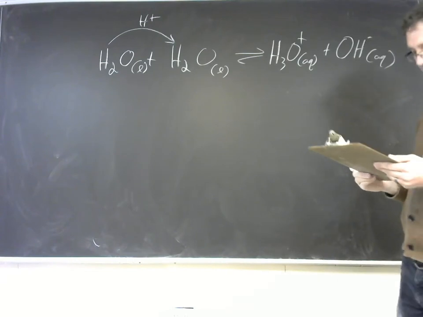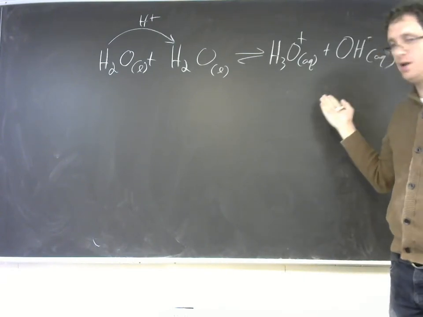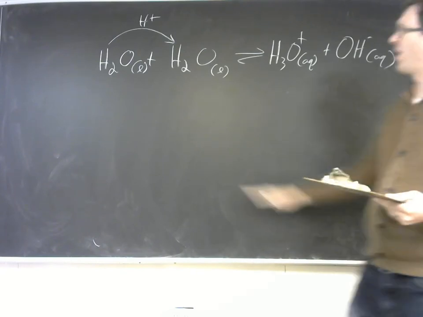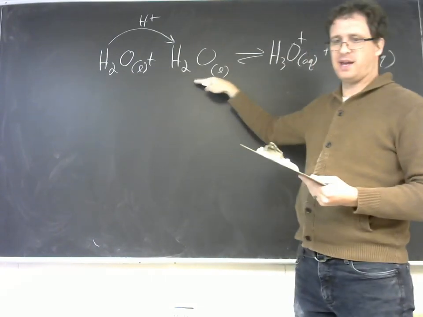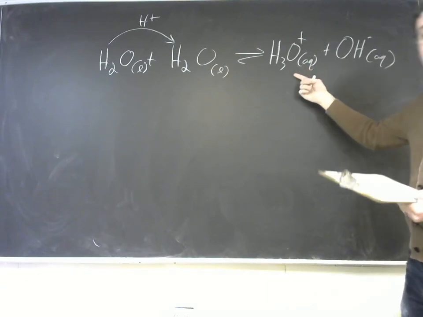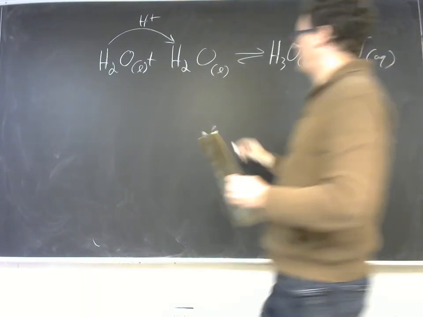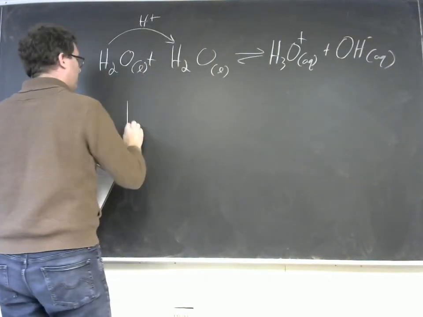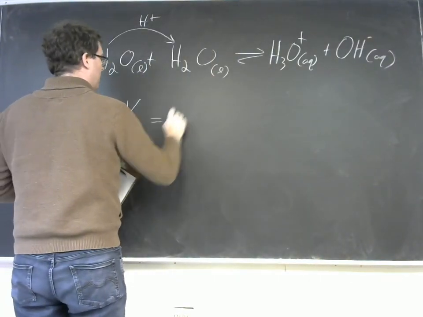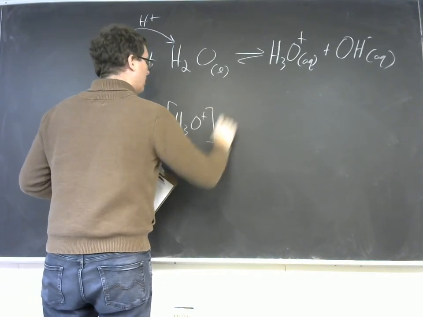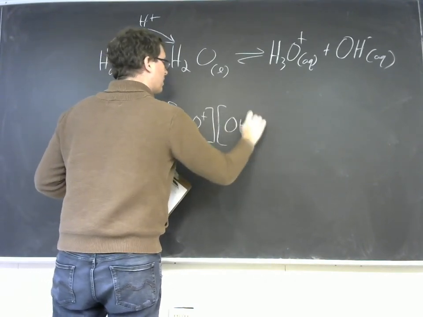So this is the autoionization or autoprotolysis reaction of water, where water acts as an acid and a base, and it produces both H3O+ and OH minus. And if we were to take the equilibrium constant for this reaction, then it would simply be H3O plus times OH minus.